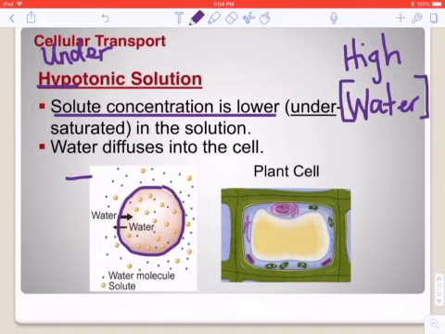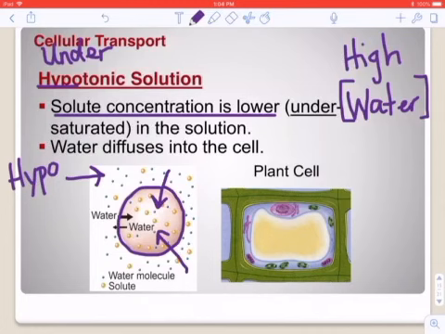So in this case, the environment is a hypotonic solution, right, where we have lots and lots of water outside the cell and not much water inside the cell.